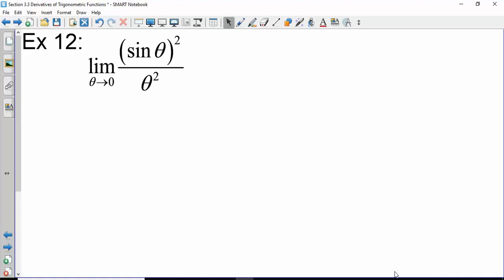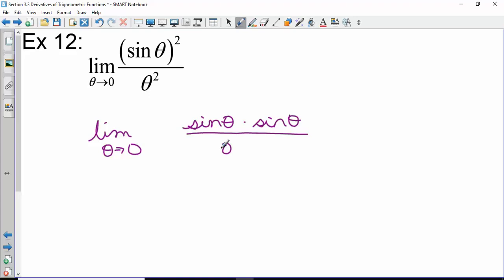Distribute the square. Okay, so this just means sine squared theta. What does a square mean? There's 2 of them. So I'm going to write this, that means there's sine theta times sine theta, and on the bottom it's theta times theta, right?